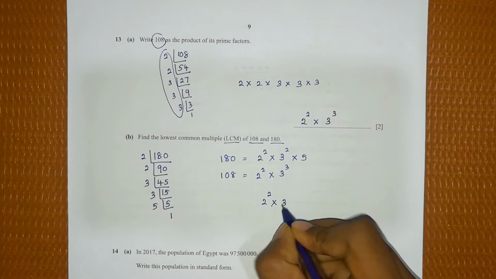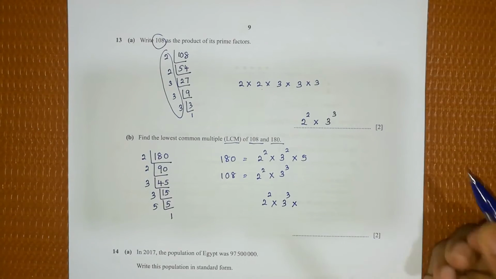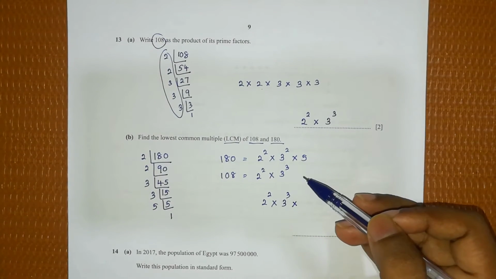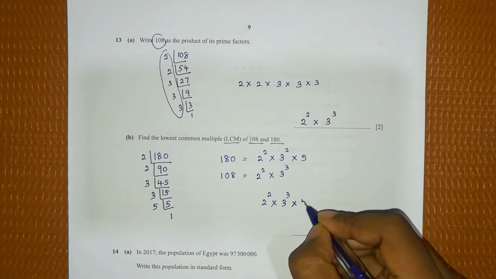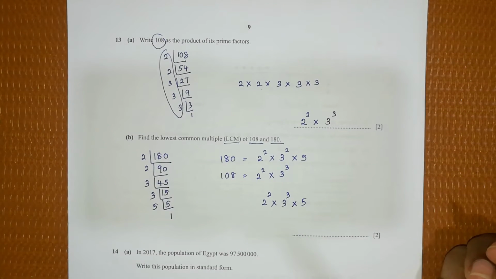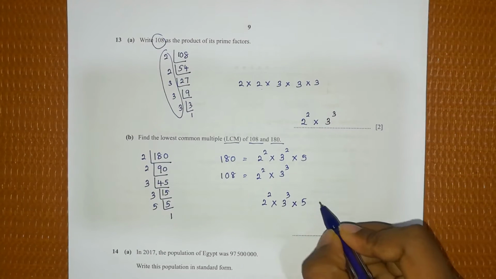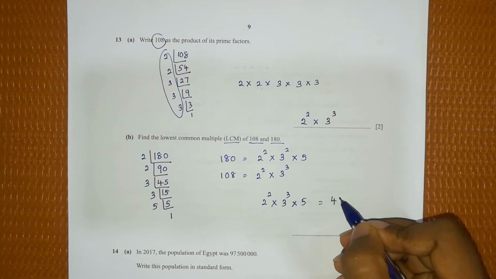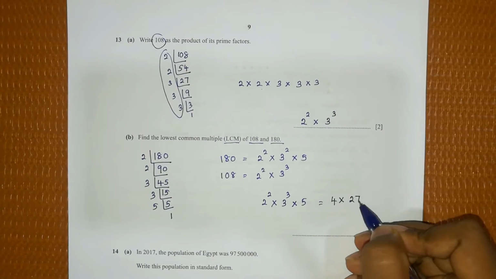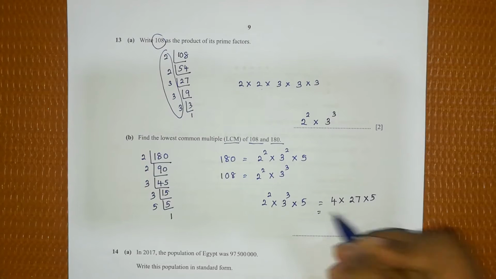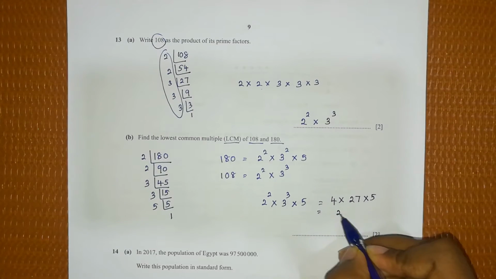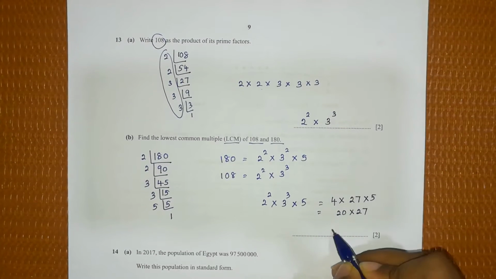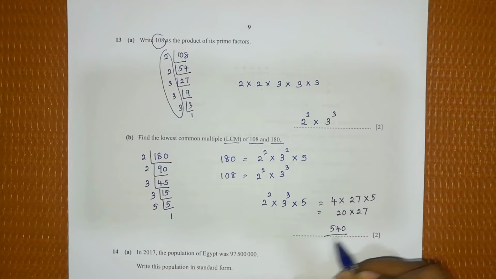We have to consider 3 to the power 3. And 5, this doesn't have a 5 but this has a 5, so we have it as only 5 to the power 1. Then 2 to the power 2 is 4, 3 to the power 3 is 27, into 5. 5 times 4, 20, into 27, 540 is the LCM.